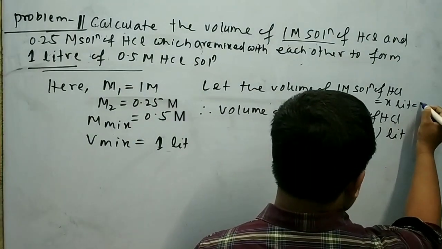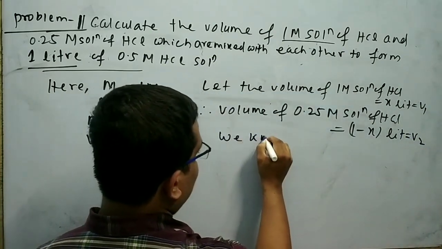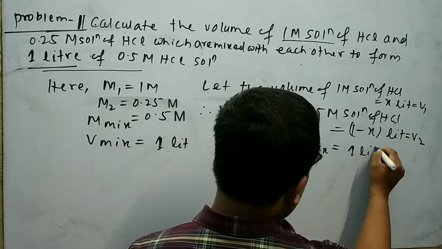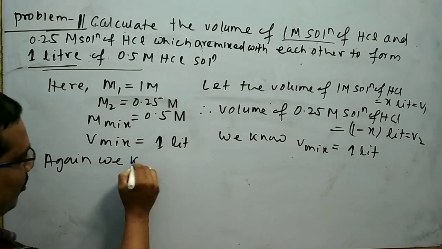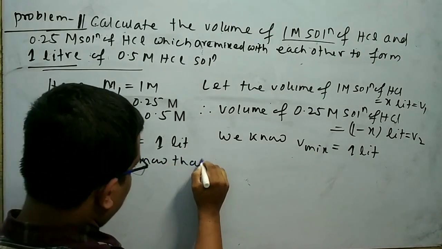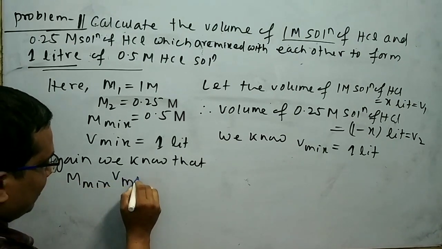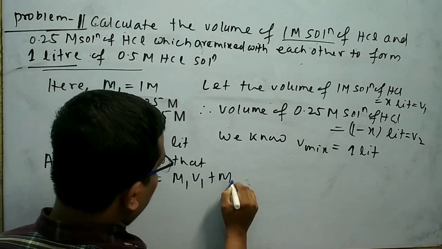This is taken as V1, this is taken as V2. We know that V mix equal to 1 liter. Again, we know that M mix into V mix equal to M1 V1 plus M2 V2.